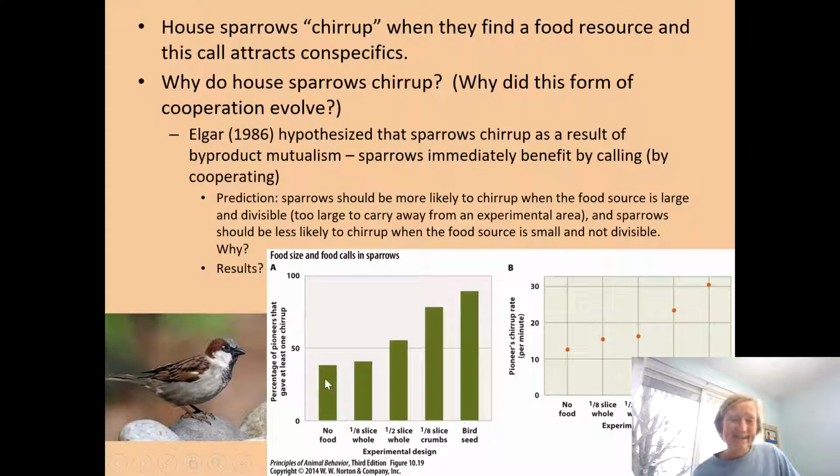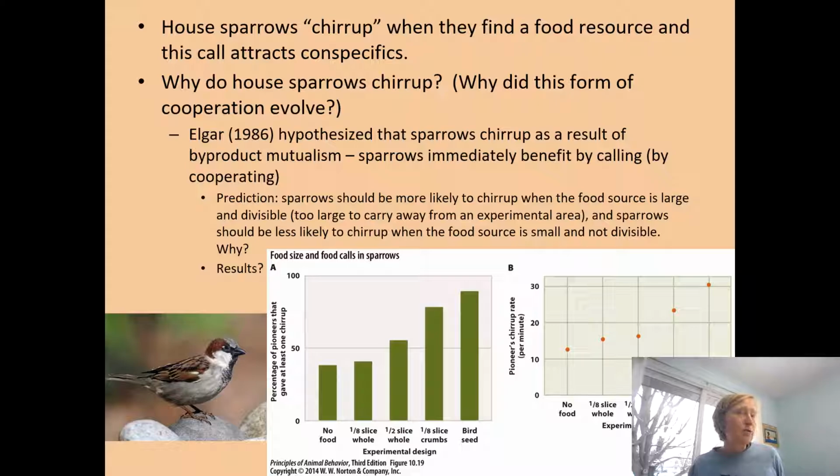And you can see that the pioneer, if you will, is more likely to chirrup when there's a larger food source or when it's divisible. Lots of birds can get at it. And their rate of chirruping is also higher when you've got a food source that is divisible. Lots of little crumbs results in higher chirruping rates, which makes sense. Chirrup because you're going to attract others.